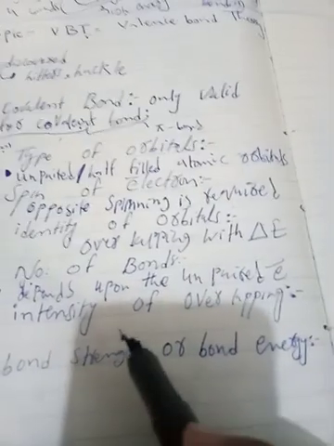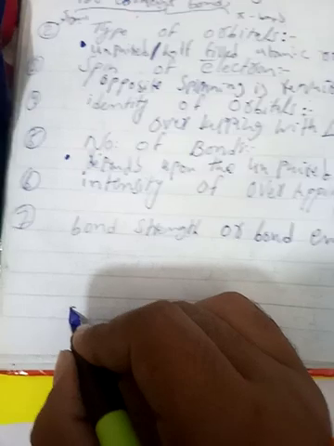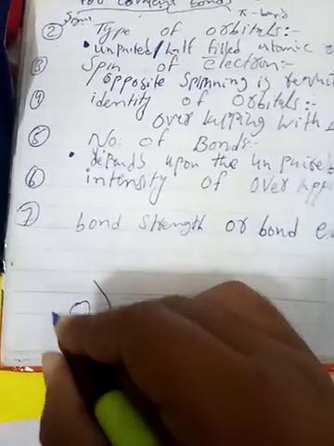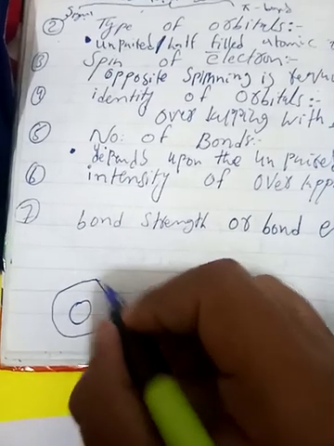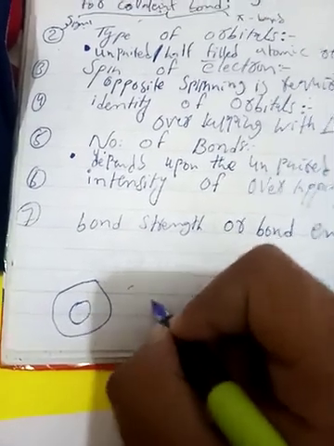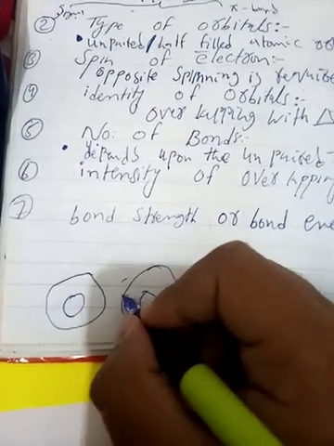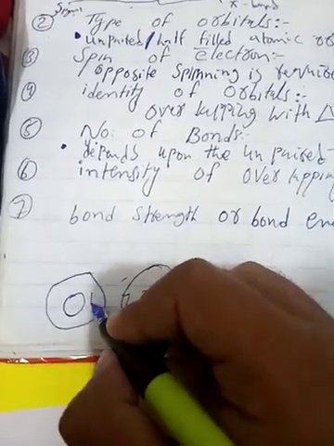So now let's look at the intensity of overlapping. How huge may this overlapping be? For example, this is the nucleus of an atom, and this is the outer part, and this is also a nucleus, and this is the outer part. One electron is there and one electron is there.